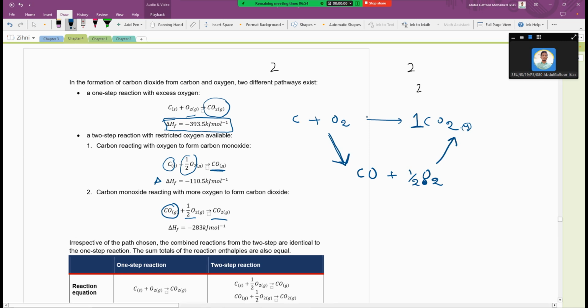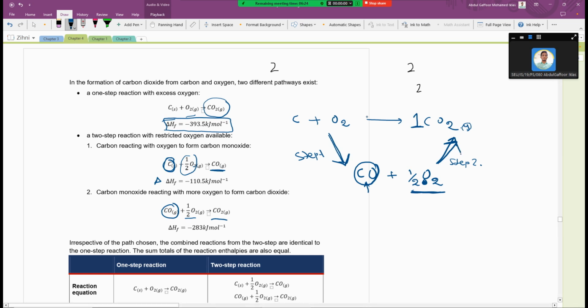This is the first step reaction, step 1, and this is step 2. In step 1, carbon reacts with half mole of oxygen to produce carbon monoxide. Again the produced carbon monoxide reacts with half mole of oxygen to produce carbon dioxide.